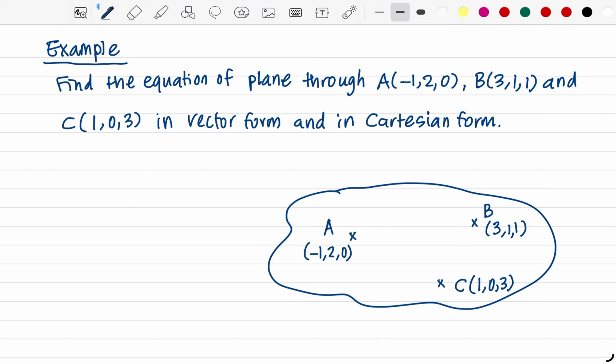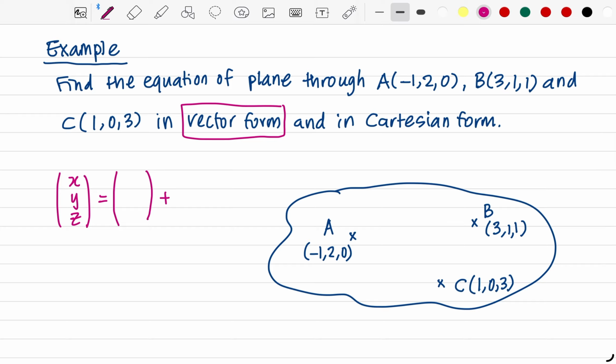So our next step, in order to form the equation of a plane in vector form, we need a fixed point plus lambda of a vector on the plane, and also mu of another vector on the plane.